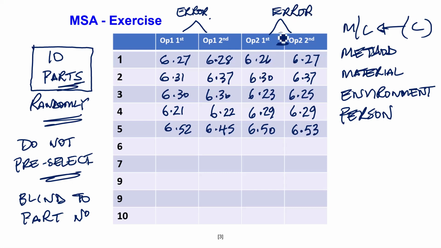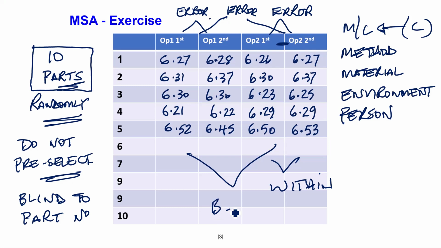And finally, of course, if you look across this way, you will also get error. So there's 2 types of error. One type of error is within system. One type of error is between system. And that's what the MSA is going to look for. Now, we don't call it within and between. The within system is called repeatability.